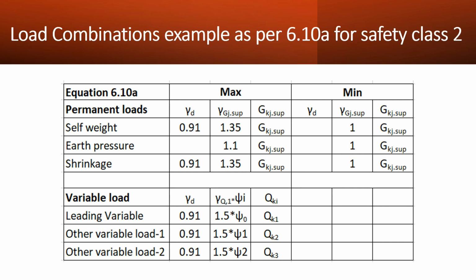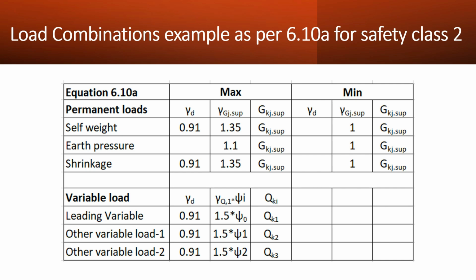Earth pressure is a permanent load, but I have used set C here because it's a geotechnical load. For shrinkage load I have used 1.35, and this is the safety class value. Variable load, suppose I have three variable loads. So for the leading variable load 0.91, 1.5, psi 0, because in equation 6.10a your leading variable will be multiplied by psi 0, right?